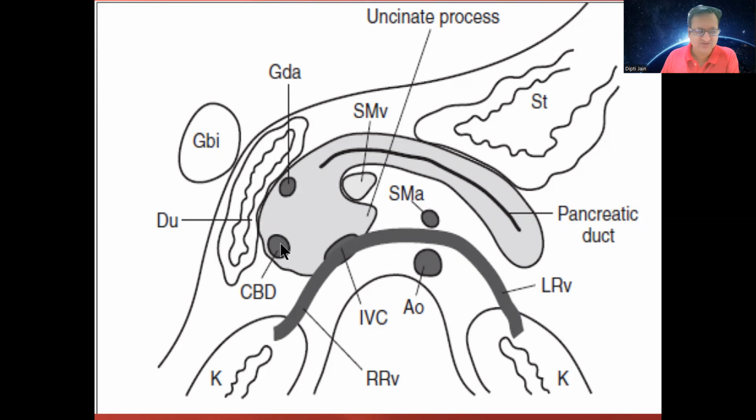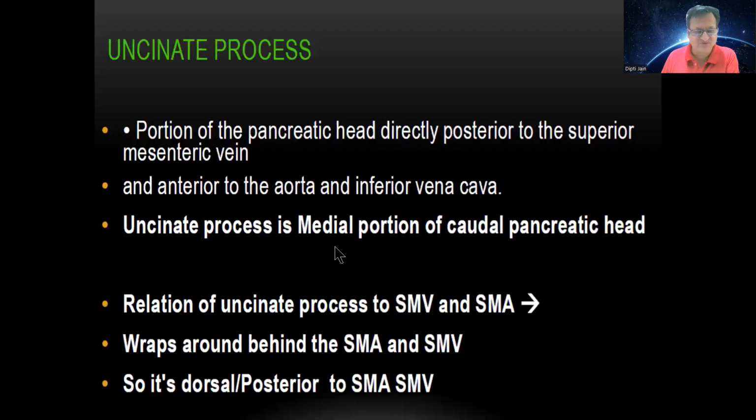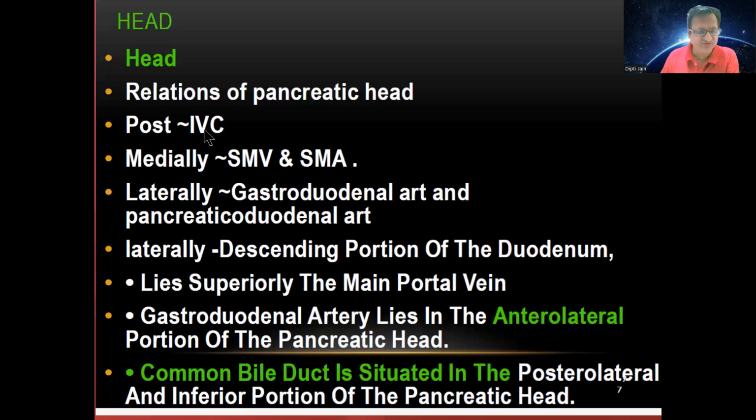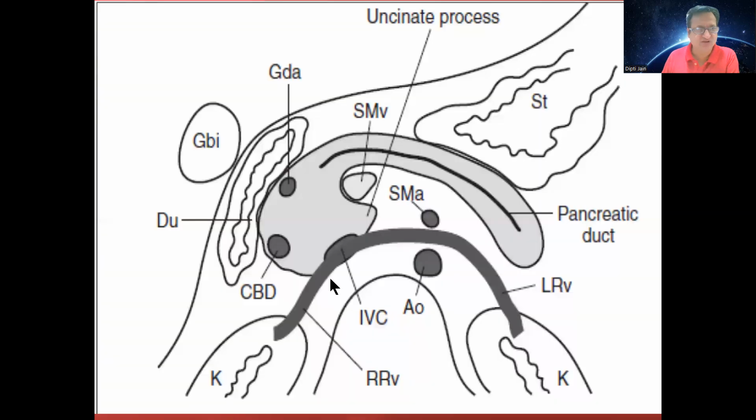Posterolateral aspect, common bile duct is there. So it's now clear: posteriorly IVC, medially SMV and SMA, laterally duodenum, anterolaterally gastroduodenal artery, and posterolaterally common bile duct.